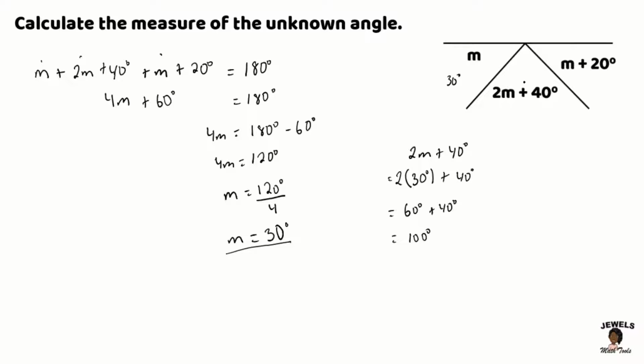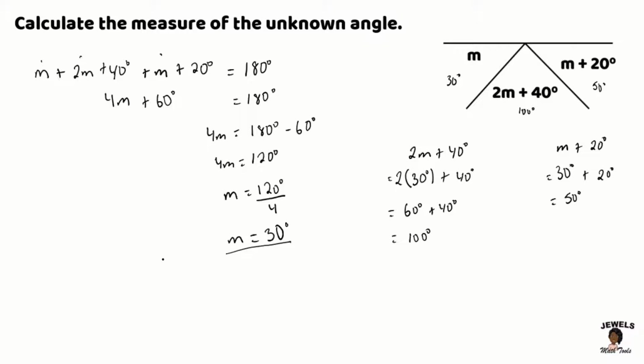So my second angle, 2m plus 40 degrees, is equal to 100 degrees. And now to solve my final angle, which is m plus 20 degrees. Again, m is equal to 30 degrees, so I have 30 degrees plus 20 degrees, which will equal 50 degrees. So my final angle is equal to 50 degrees.